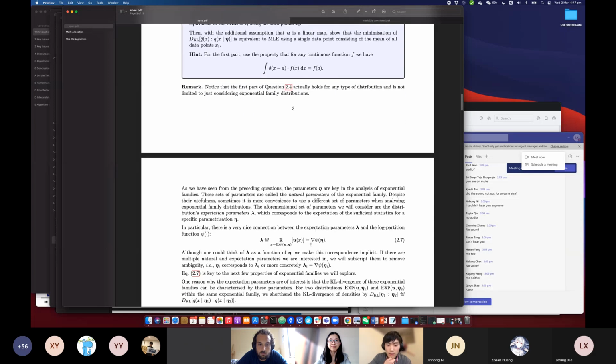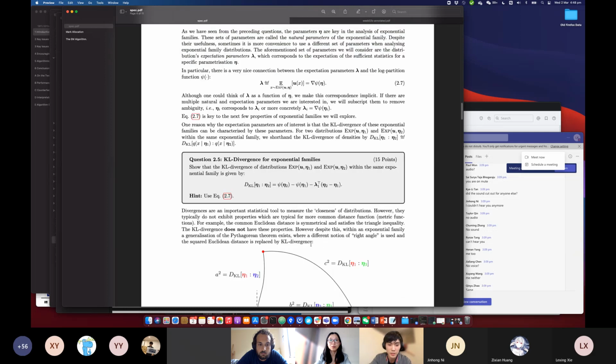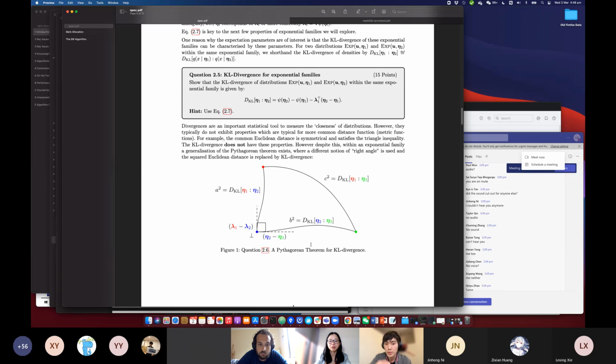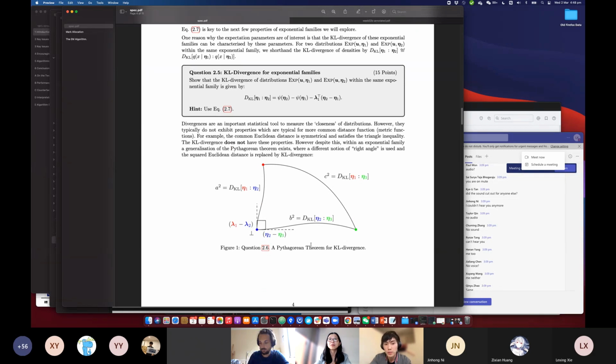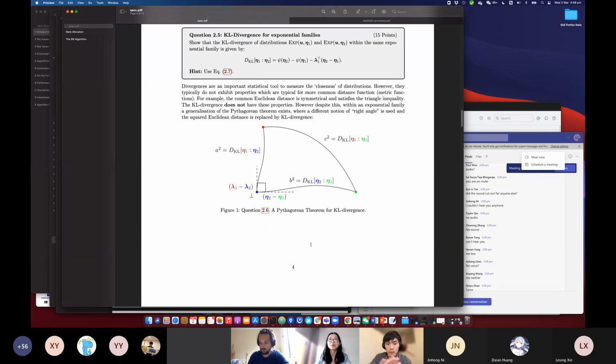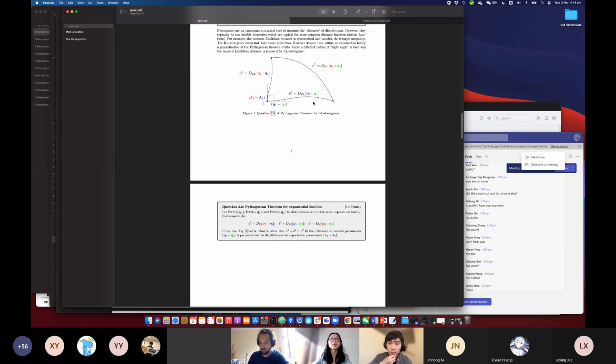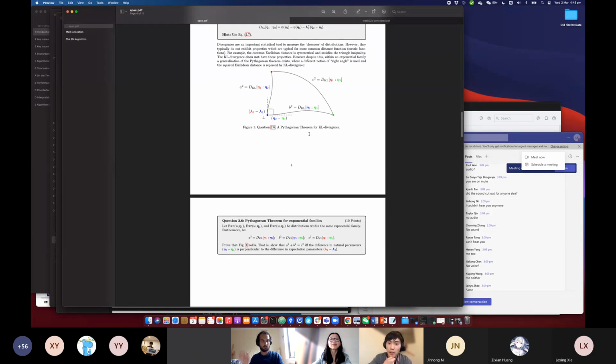Okay. So there's quite a bit of text between this question and the next, so I'll just speak of it broadly. But for questions 2.5 and 2.6, it's essentially all working towards figure 1, to try and prove figure 1, which you can think of as a Pythagoras theorem, except for KL divergences.